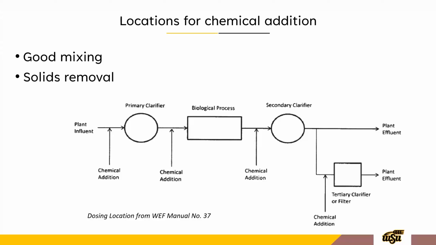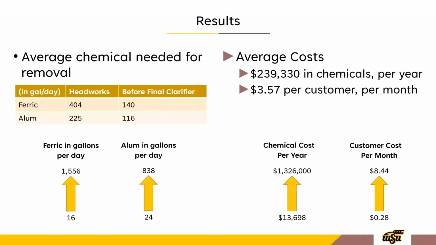So you don't want to dose your water before bar screen and grit removal, because that's just another place for some of that chemical to bind and not be utilized appropriately. So in facilities, we typically test before the secondary clarifier and also before the biological process in most facilities.